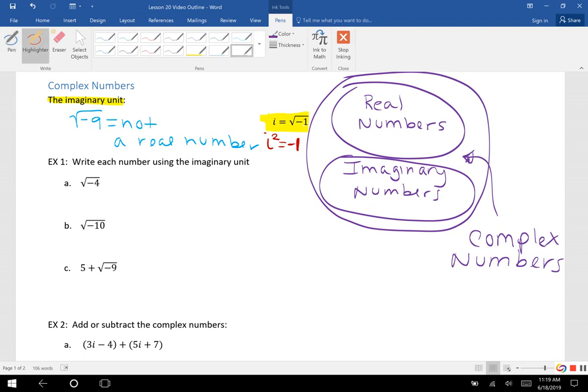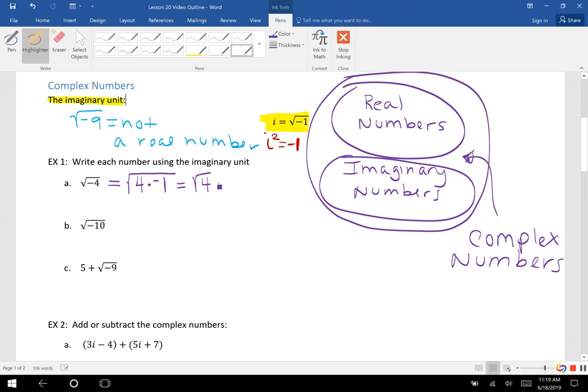So in terms of what we need to know in this course, I want you to be able to write numbers using this imaginary unit i. So square root of -4, we can use a strategy very similar to when we simplified radicals. I can think of this as square root of 4 times -1. -4 is 4 times -1.